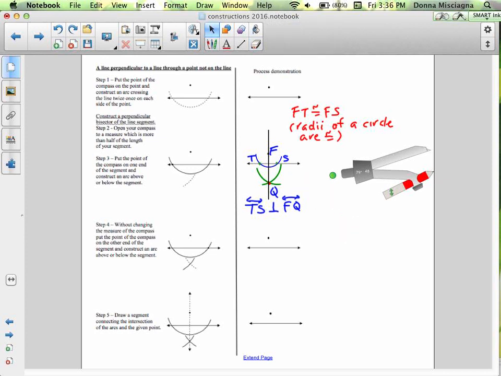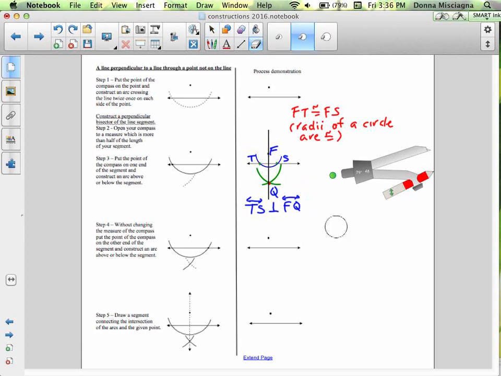All right, and so also we have some more radii, right? So when we moved our compass, we drew two more circles. We constructed two more circles, right? So this is the radius of a circle because the compass was at point S, and this is the radius of a circle, right? And so now we know those distances are the same because those are radii of congruent circles, and we know radii of congruent circles are congruent.